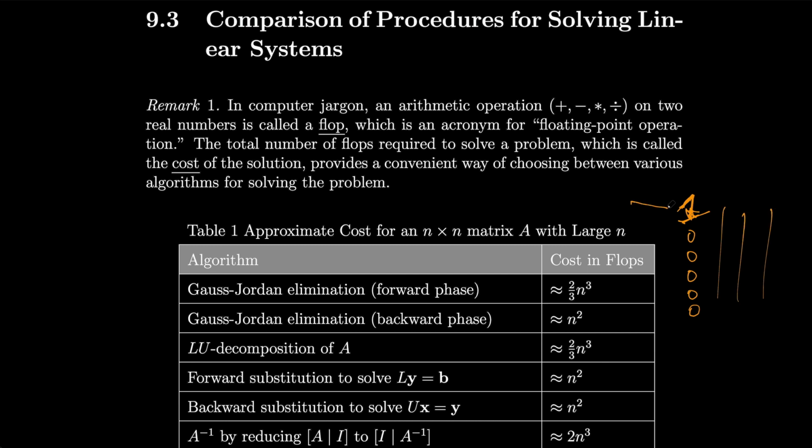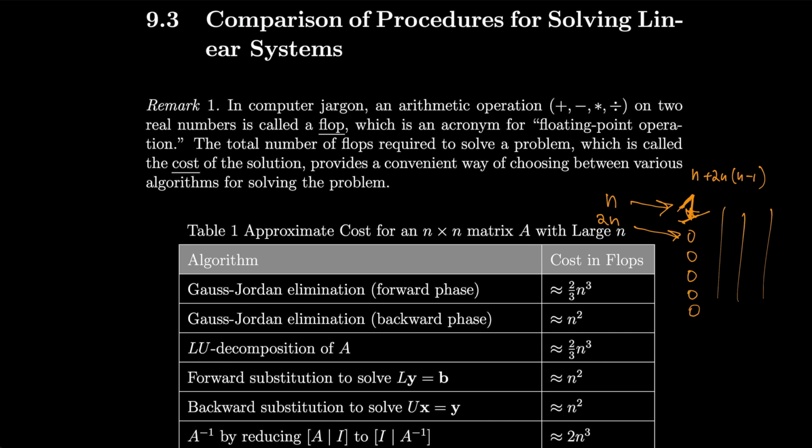To get that leading 1 in the first entry, you would need n multiplications. Then to get a 0 underneath it, you would need n multiplications and n additions, so that's 2n, and there are n minus 1 of these rows underneath. So getting this first column into row echelon form would require n plus 2n times n minus 1 flops.